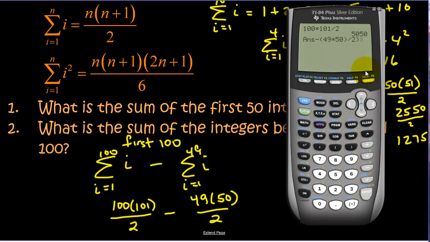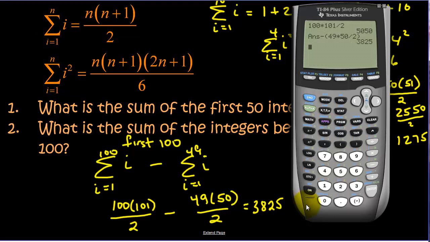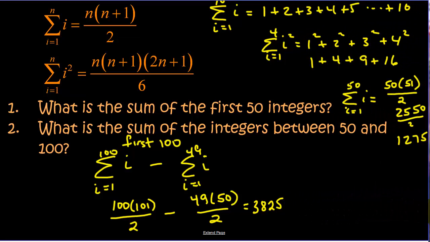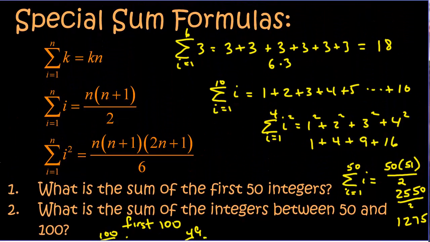I want that parentheses, I don't want this parentheses here. And we get 3825. Again, that is the sum of the numbers starting at 50 and going up to 100. If you study some higher level math, you might have to learn and memorize some more of these formulas. I did when I was in college.